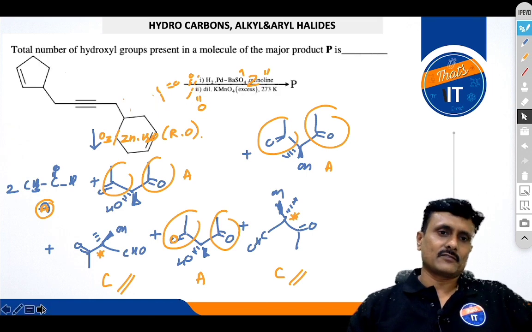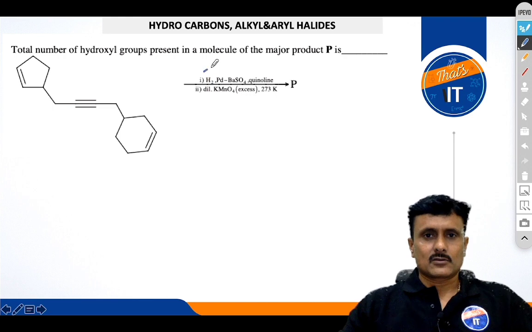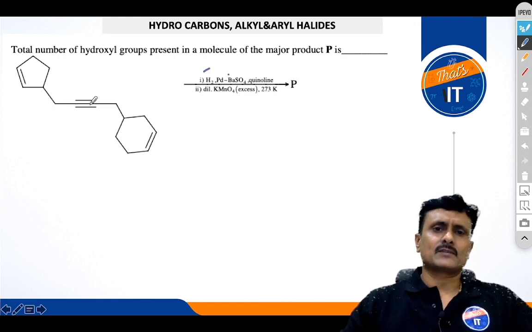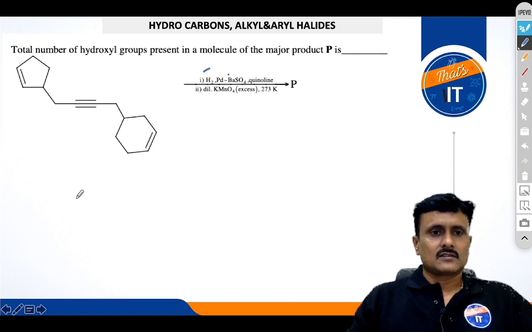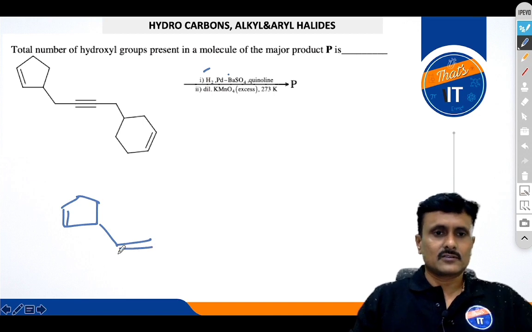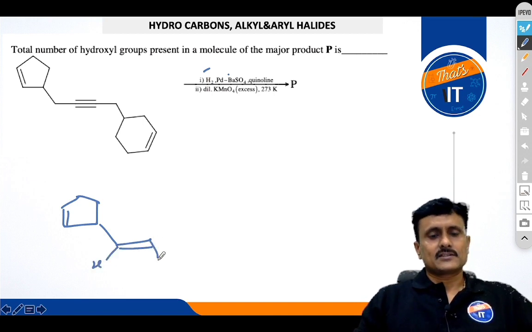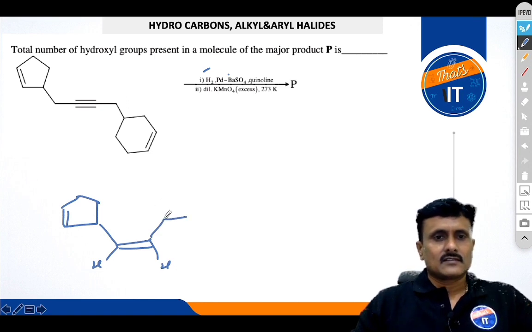Alright, so you have to carefully solve these types of questions, isn't it? Now look at this. Hydrogen, palladium, barium sulfate, the triple bond would react. What will happen here is that a double bond would be formed in place of the triple bond with syn addition of the hydrogen atom. This is very important to know, isn't it? Syn addition of the hydrogen atom.